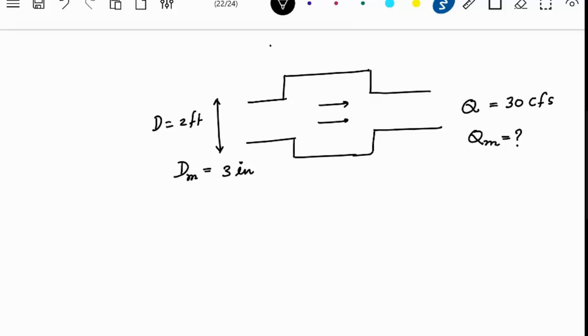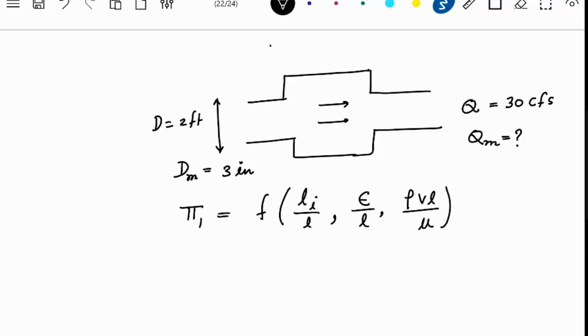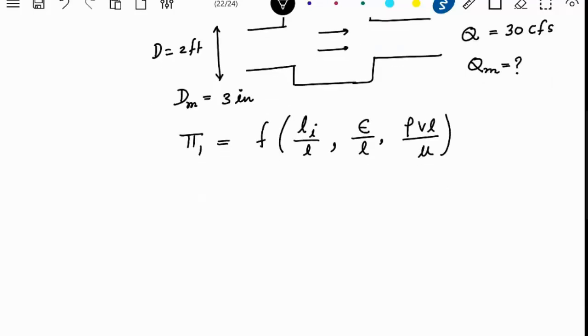If fluid is flowing through a closed conduit, we can write pi1 is equal to some function of the geometric parameter, that is geometric similarity, similarity of surface roughness, and similarity of Reynolds number, that is the dynamic forces.